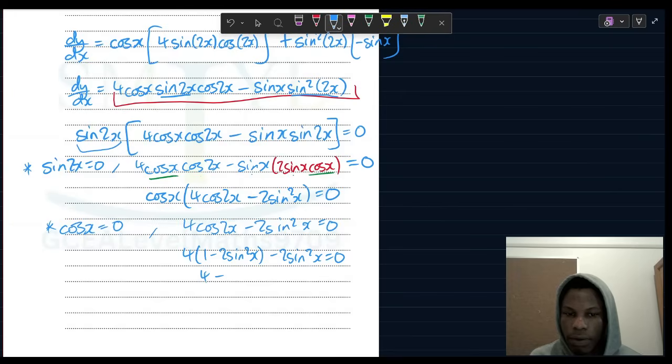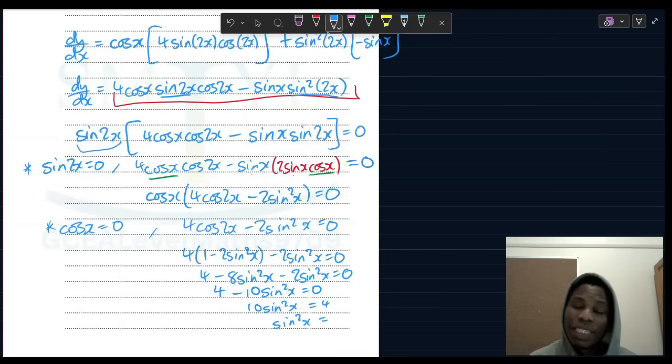And so that's 4 minus 8 sine squared x minus 2 sine squared x is equal to 0, so we have that 4 minus 10 sine squared x is 0. So 10 sine squared x is 4. And so sine squared x has to be 4 over 10, which is 2 over 5, or 0.4.